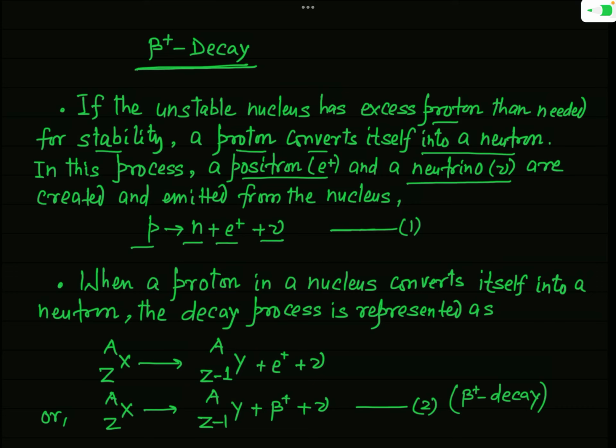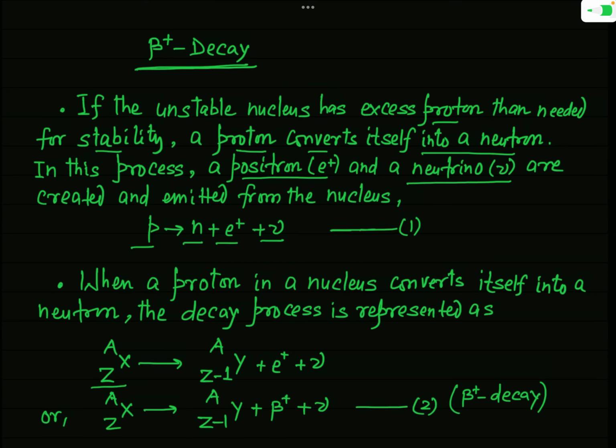Okay. Now, to see this process in an actual manner, let us consider there is an unstable nucleus whose instability is due to the excess of protons, and that nucleus is ZXA. Now, this nucleus suffers beta plus decay, that is the positron decay. What does it mean? It means one of the protons of this nucleus will be converted into a neutron.